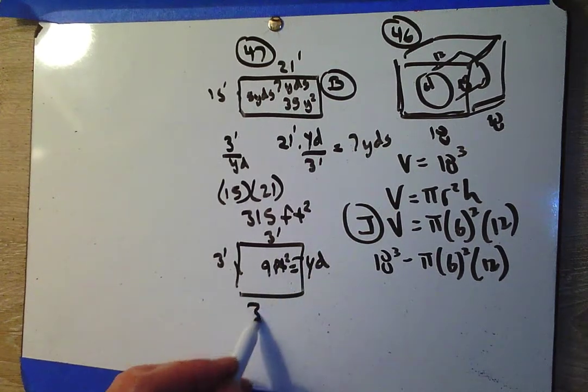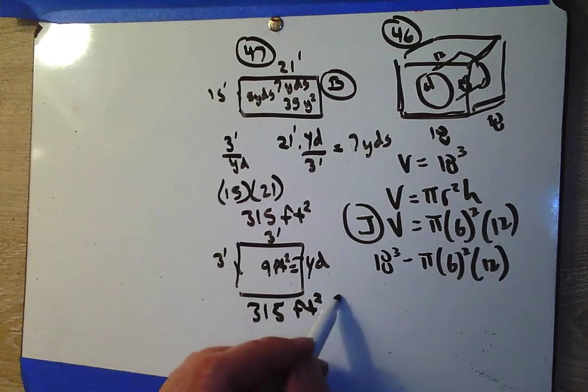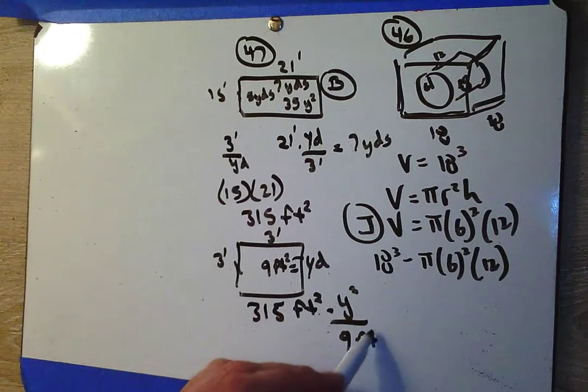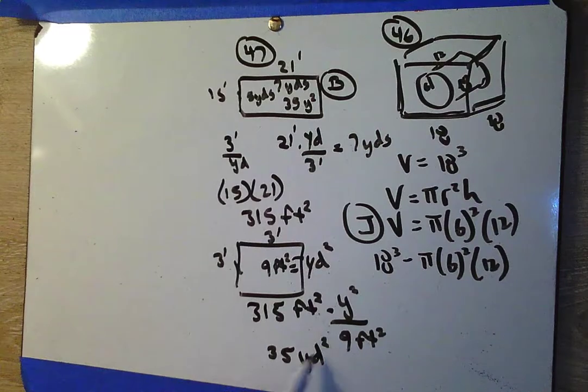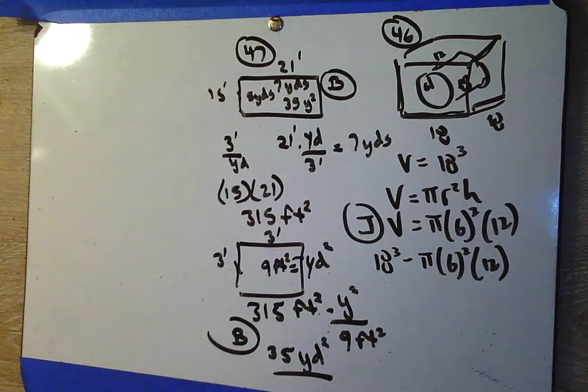So if I take the 315 square feet and I multiply by square yards over 9 square feet, I'll end up with, what did I end up with? 35 square yards. And again, that's choice B for 47. 48.